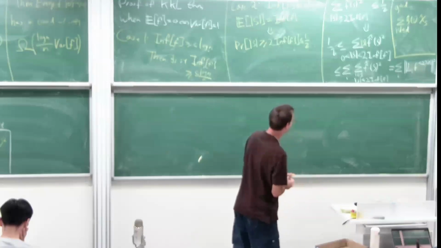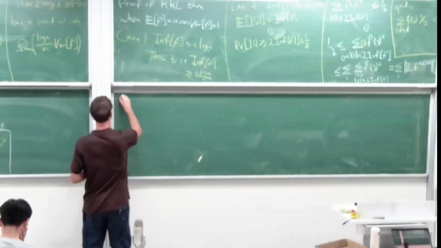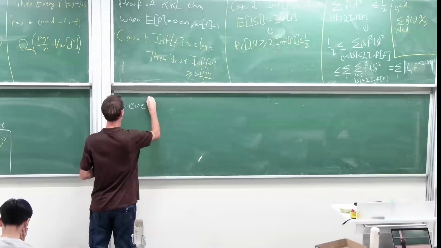Okay, so now we apply what's known as the weak level K inequality.